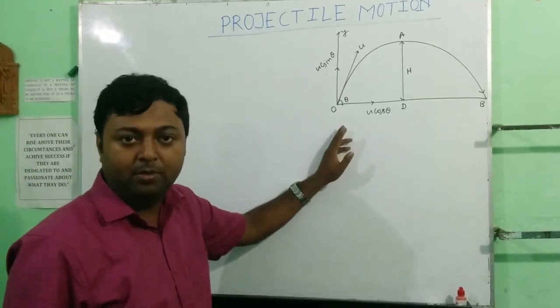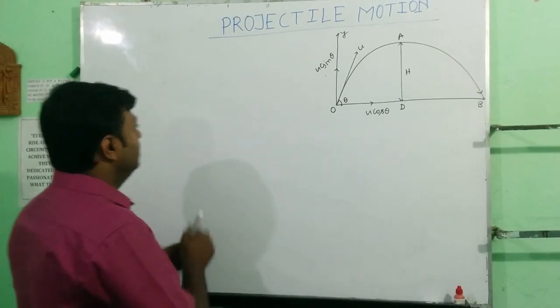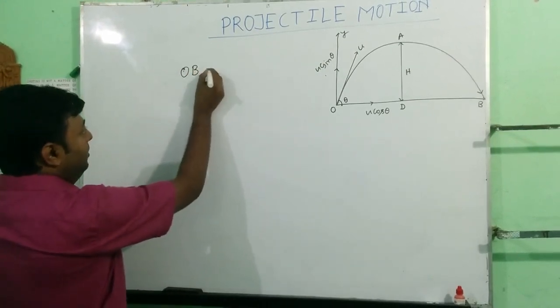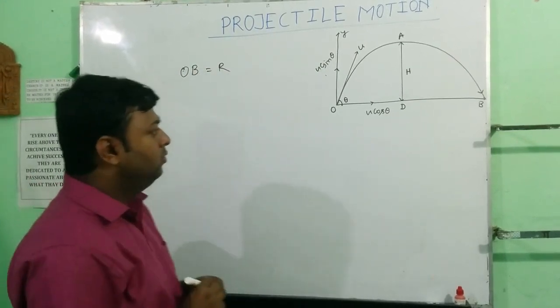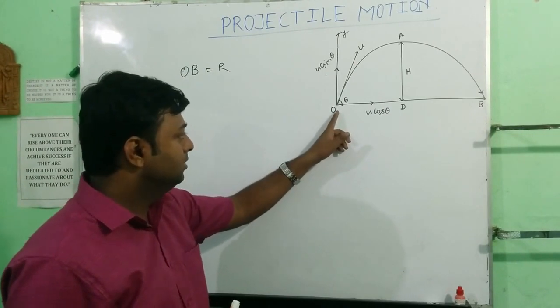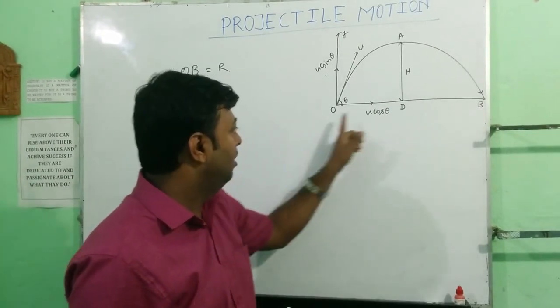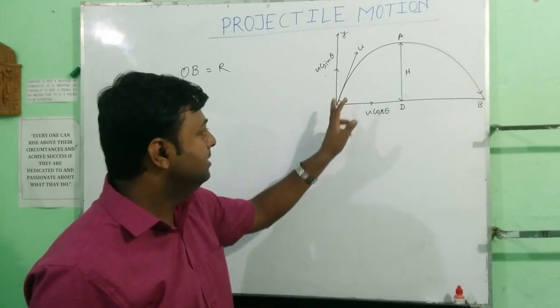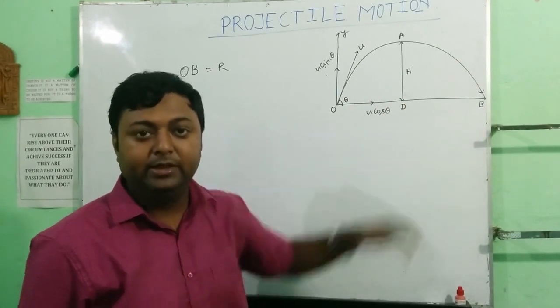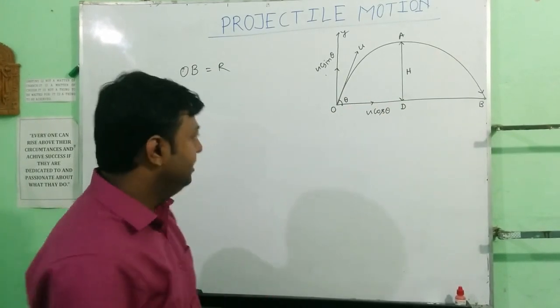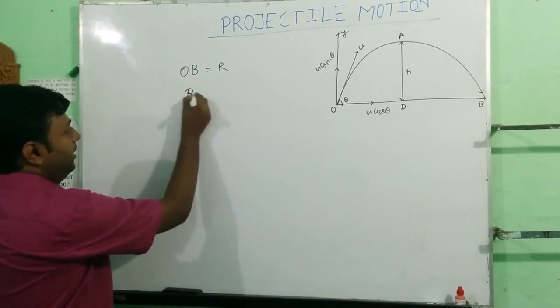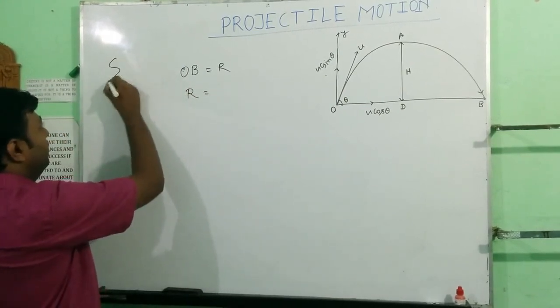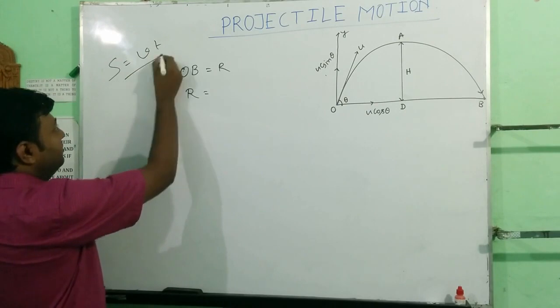If we discuss the horizontal range, that means OB equals to R, then we actually state it as the displacement of OB. The particle displacement along x direction is the horizontal range. That means horizontal range R equals to, actually we know the formula, velocity into t.